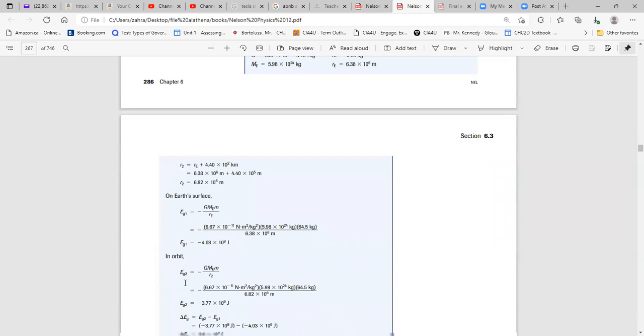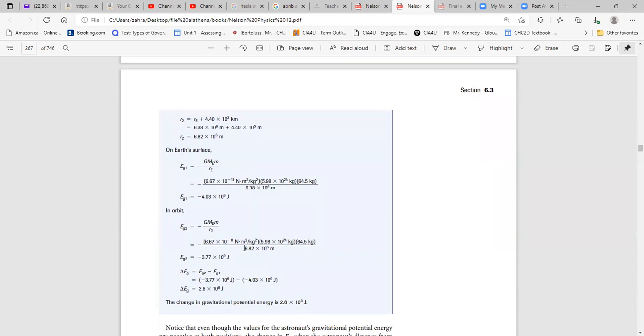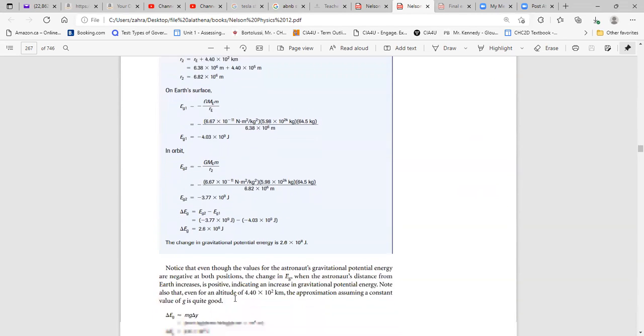And then you find EG2, at the position of 6.82 to the power 6. The rest of the constants you know here. If you find it, then EG2 minus EG1, final minus initial, will give you the difference.